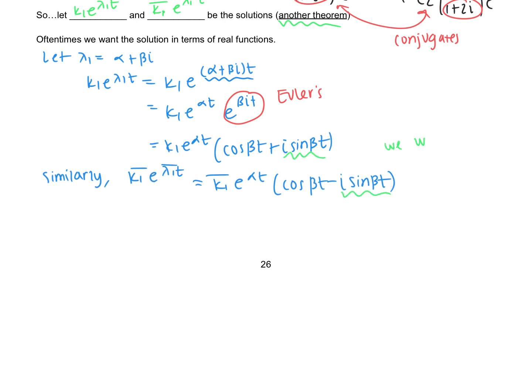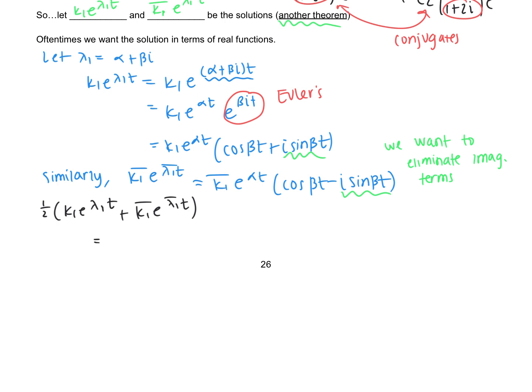So we want to eliminate the imaginary terms. And so what we're going to do is take a look at 1/2 of the sum of k1 e to the lambda 1t and then the conjugate of e to the conjugate of t.